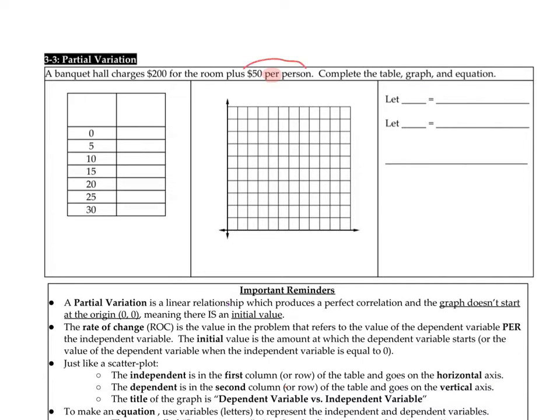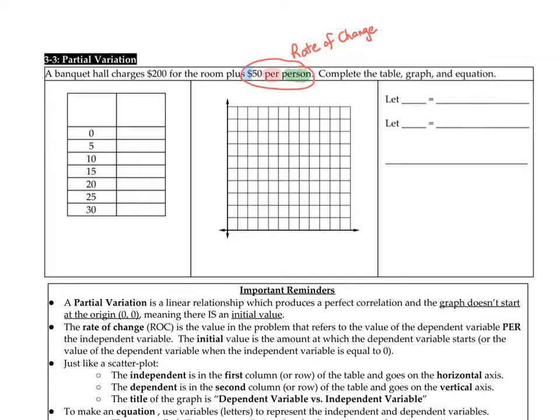But there is the rate of change right there. So the dependent and the independent variable are in the rate of change. So one variable is the amount of money, and the other variable is the number of people.